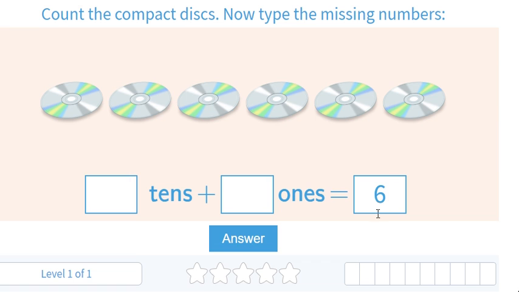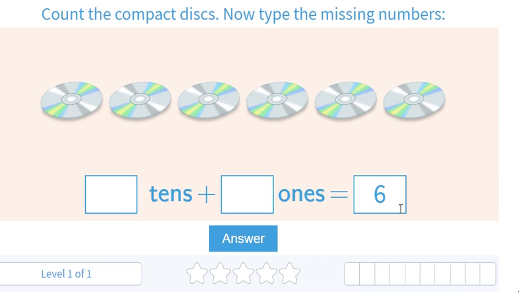It only has ones. So this is asking us to write how many 10s plus how many ones. So we only have ones here, so we don't have any group of 10s in this set. So when we have none, that is represented by a 0.